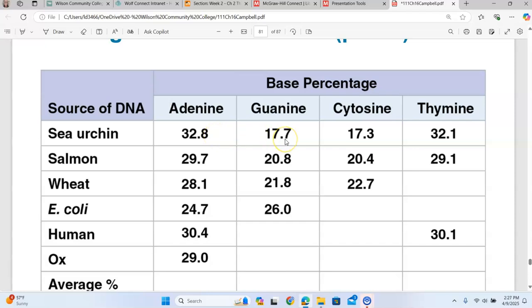So you're going to get 36 divided by 2, which is 18. So you're going to have about 18% guanine and cytosine. I know it's not quite 18% because of our decimals everywhere. But you end up with the same percentages of guanine and cytosine, and the same percentages of adenine and thymine. If you know the percentage of one, like down here, if we know that an ox has 29% adenine, then it also has 29% thymine.